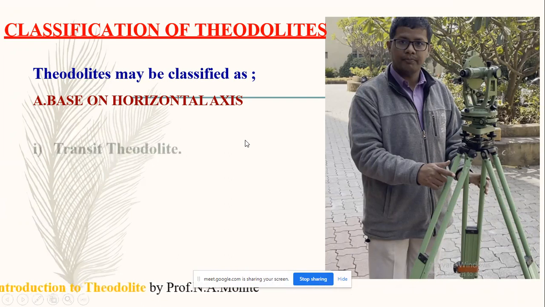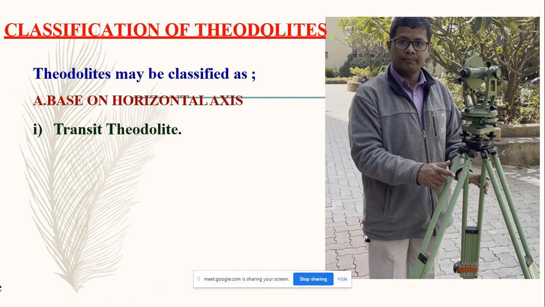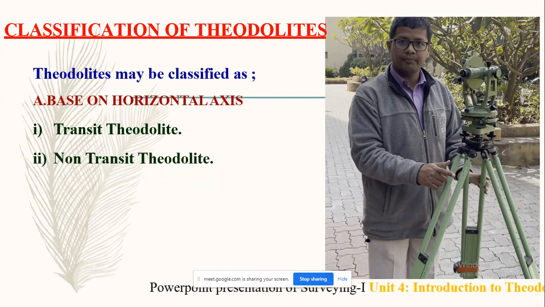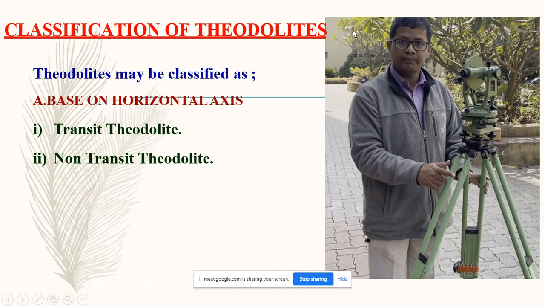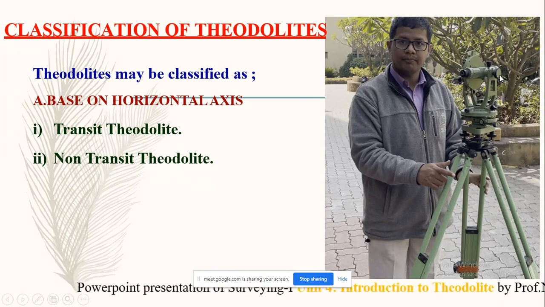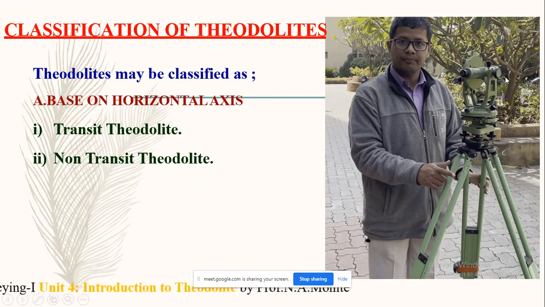So it is classified as transit theodolite or non-transit theodolite. How are we going to determine whether a given theodolite is a transit or non-transit theodolite? Suppose this is the telescope, which is mounted on the standard A frame about its horizontal axis.